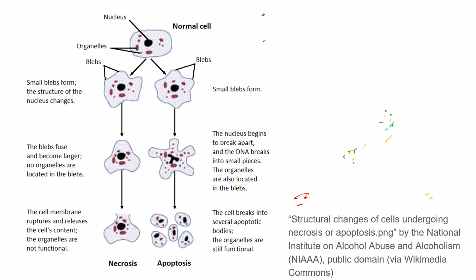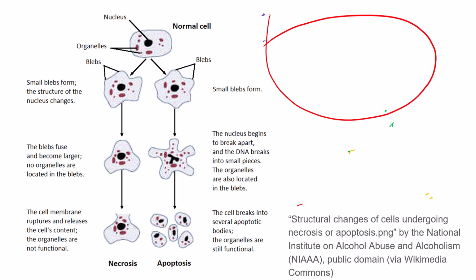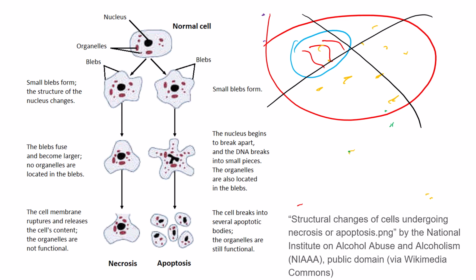So let's imagine that we have a cell here, and there's lots of things that could happen. Maybe it got exposed to some toxins that damaged the cell, or maybe there was no oxygen, right? Maybe the oxygen was stopped to the cell, and then suddenly that cell dies.